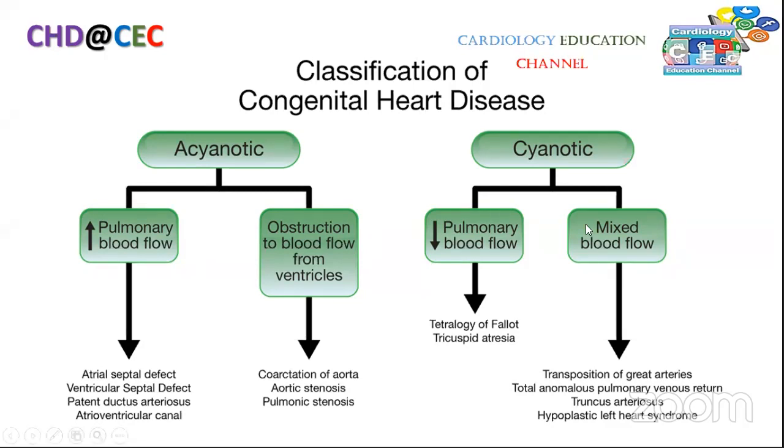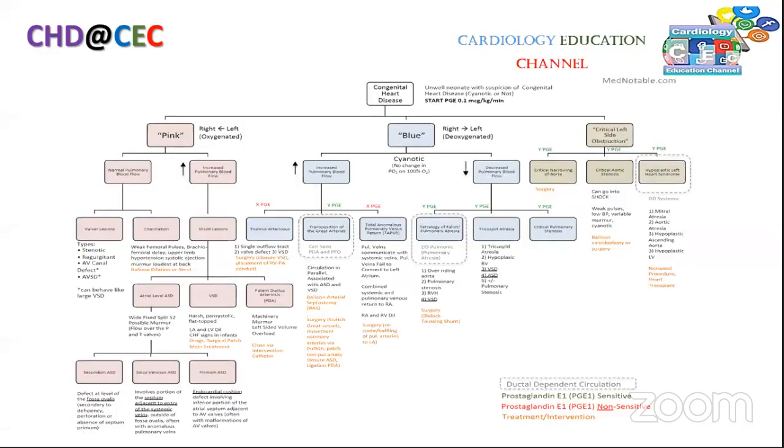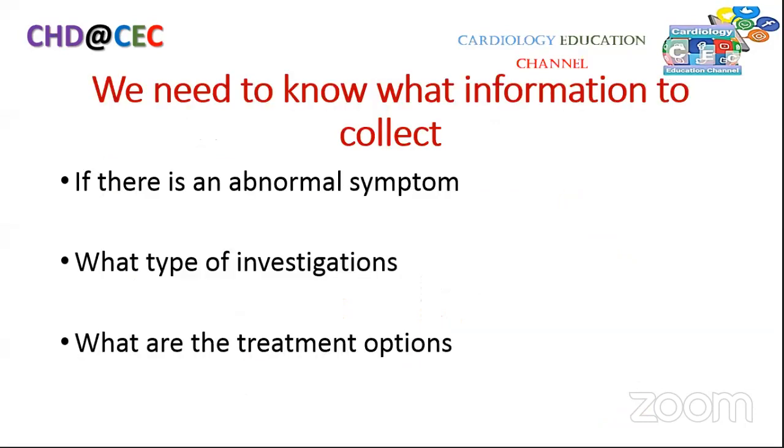We are aiming in this course to build your information and have this complicated classification in mind. We will not tackle it today, but we hope that at the end of the course, you will be able to easily remember all the details in this classification.